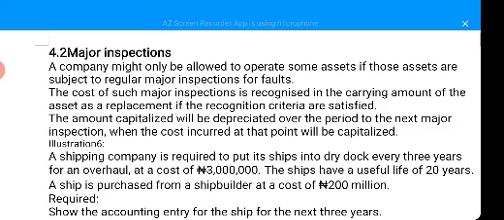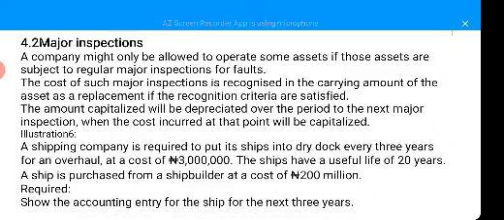Without that, you cannot operate that asset. So for any asset that has a major inspection, the cost of such major inspection is recognized in the carrying amount of the asset as a replacement if the recognition criteria are satisfied. So if there is a major inspection on some particular asset, the cost of that major inspection should be recognized separately from the cost of the whole asset.